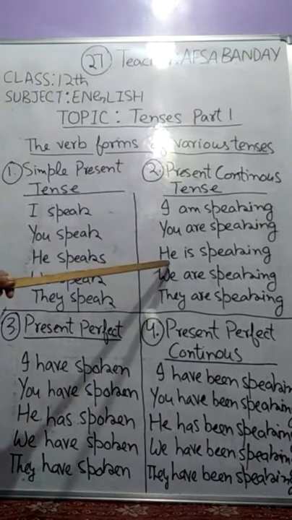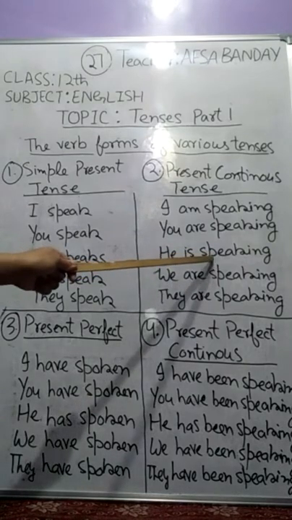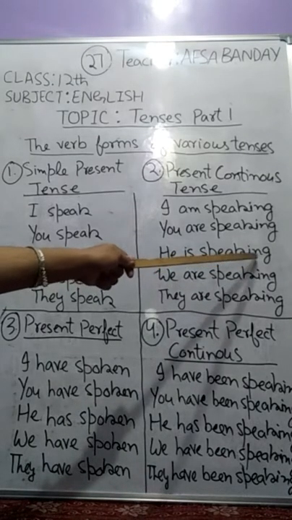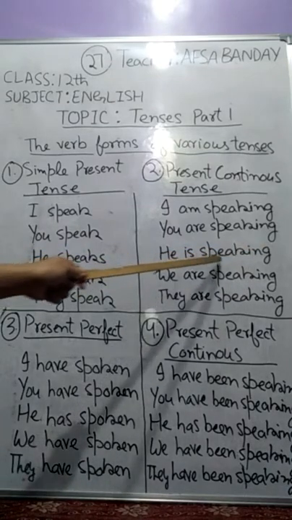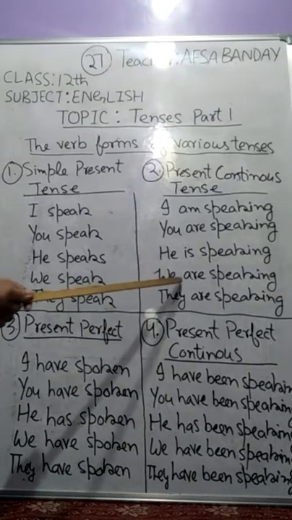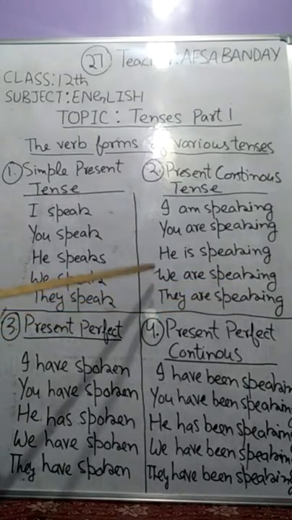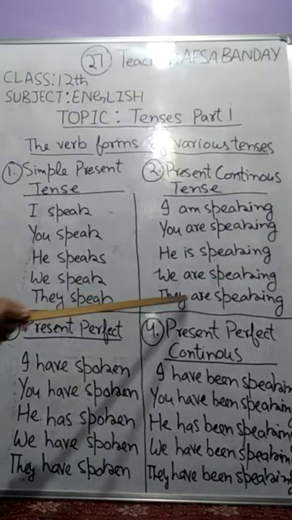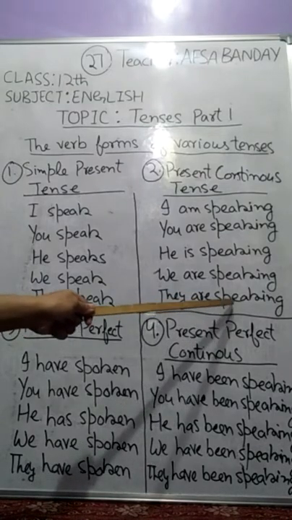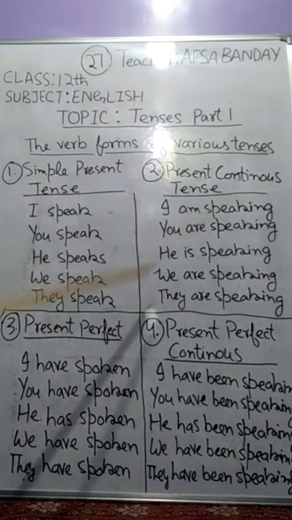With third person singular, he, she or it, we use is plus verb in its ing form, that is, he is speaking. With we, we use are plus verb in its ing form. With they, we use are as a helping verb plus verb in its ing form. So we say I am speaking, you are speaking, he or she is speaking, we are speaking, they are speaking.